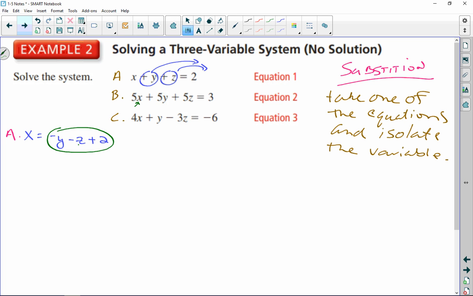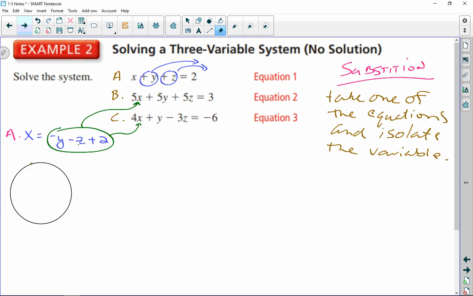Now, how many variables do I have now? I end up with just two. So I'm going to take this, put it in for X in that equation, then I'm going to put it in for X on that equation. Now, this will get pretty lengthy, but it might be a little easier for you.